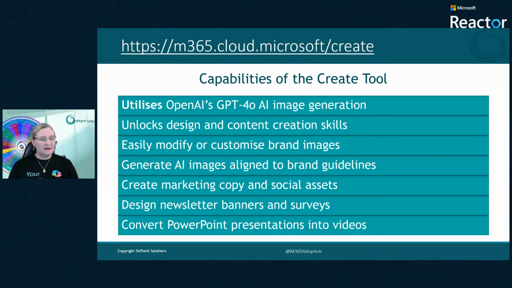So this is the new image generation that's come into play. It's got lots of really great functionality to work with information, including being able to create and convert your PowerPoint presentations into videos should you wish to. So this new tool, fabulous, loving it, really seeing it coming into PowerPoint.